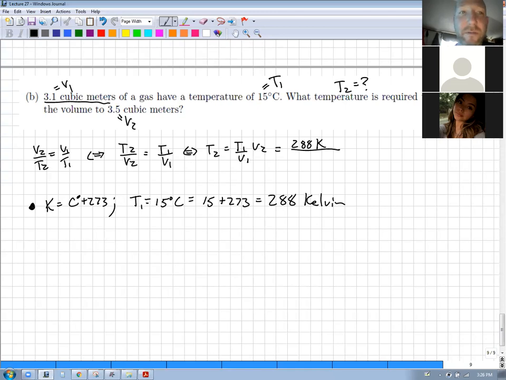V1 is 3.1 cubic meters. And V2 was 3.5 cubic meters. Notice the cubic meters go away. We're left with Kelvin. So if we plug that into our calculator, 288 times 3.5 divided by 3.1, we get 325.16 Kelvin.